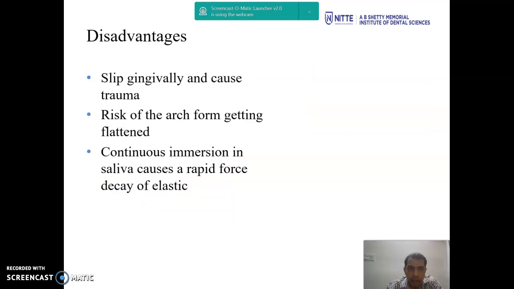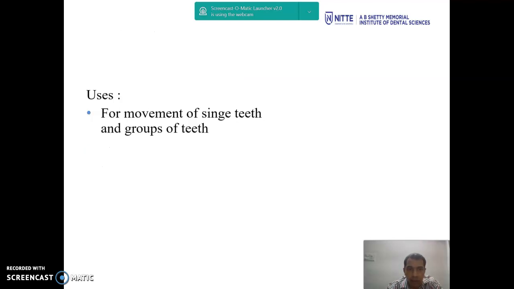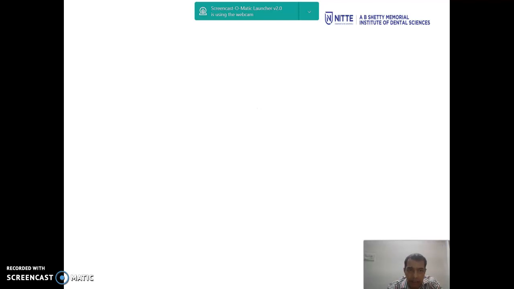The disadvantages with the elastics being used with the removable orthodontic appliance are they slip gingivally and cause trauma, there is the risk of the arch form getting flat, and the continuous immersion in saliva causes a rapid force decay of the elastic.